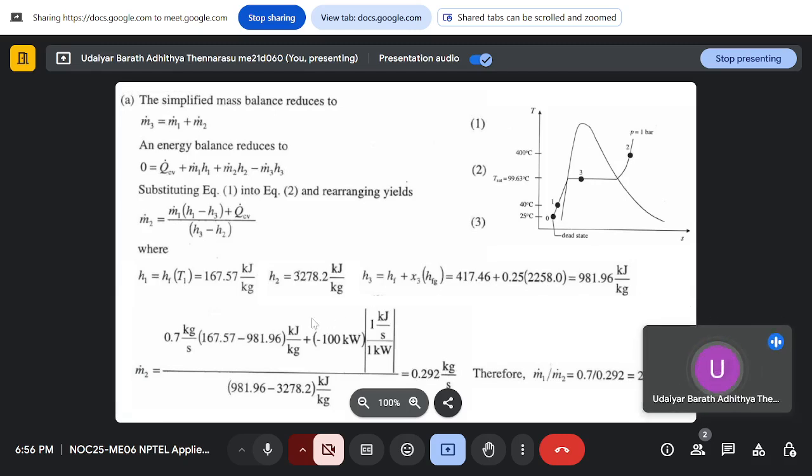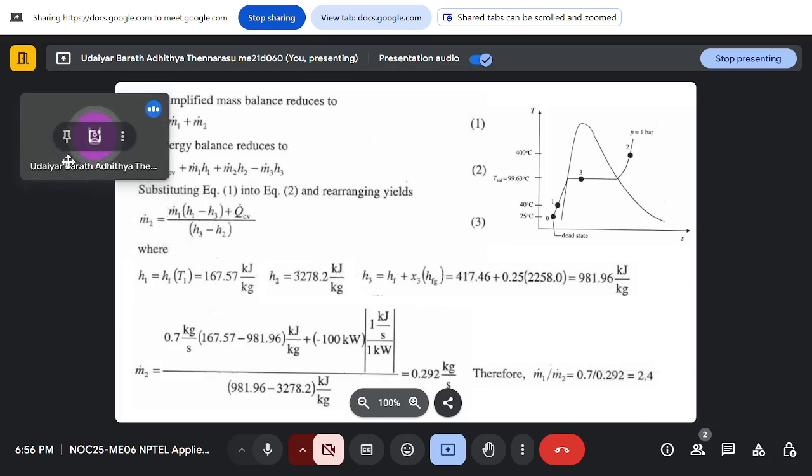Using this and substituting, we know the mass at inlet of stream 1 is 0.7 kg per second, and Q is rejected, which is minus 100 kilowatt. Rejected, that's why negative. Substituting, we get mass as 0.292 kg per second. We were asked to find the mass ratio. So m dot 1 by m dot 2 is 0.7 by 0.292, which is 2.4.